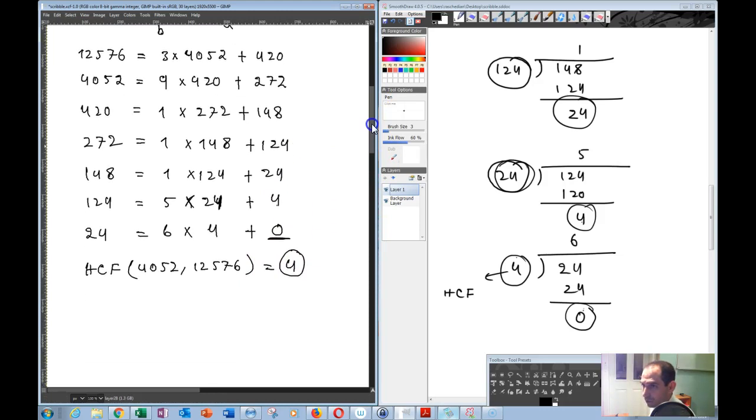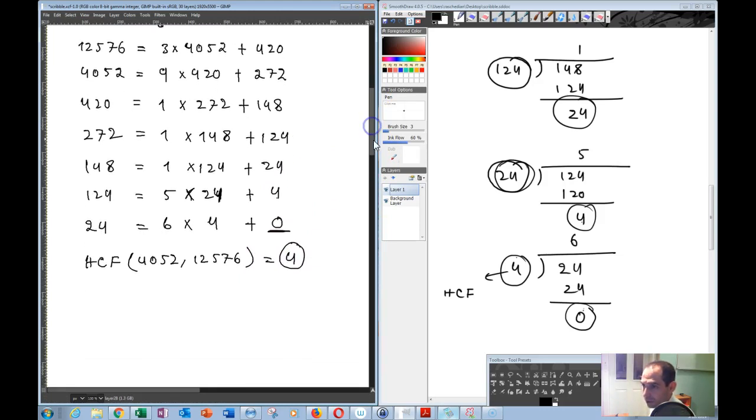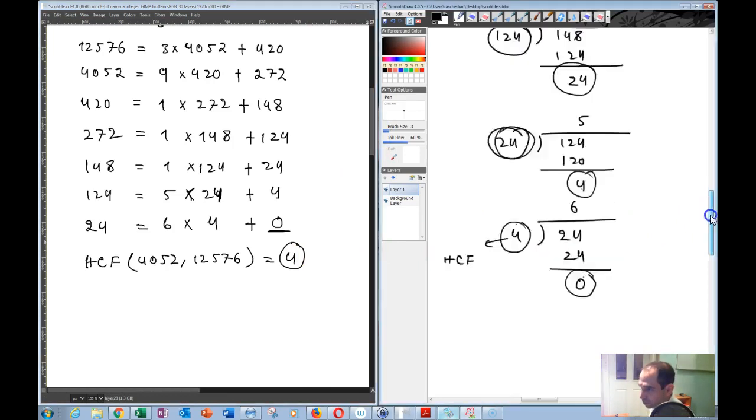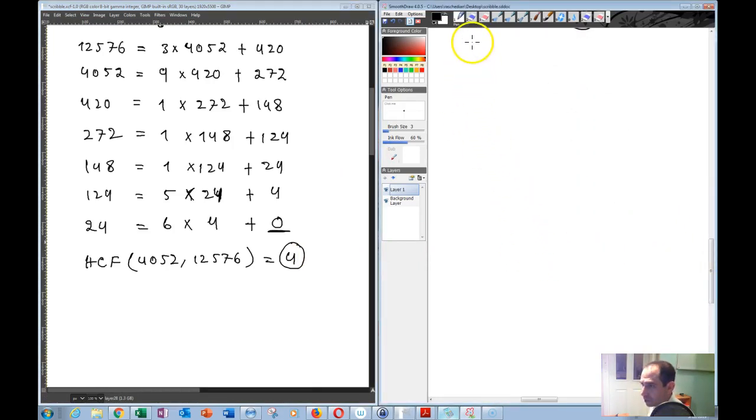And one more thing that we have here is the relationship between the HCF and LCM of two numbers.